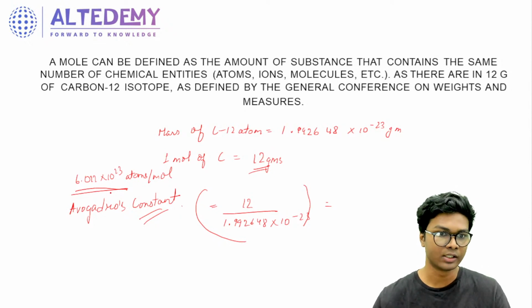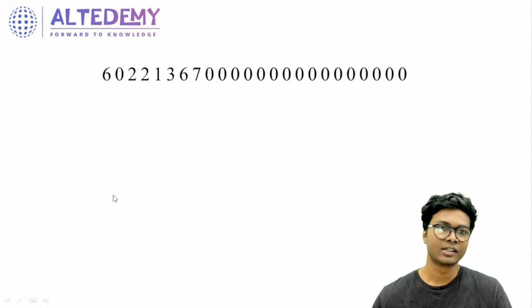So we have learned this is the Avogadro constant, and to get a perspective, we'll see how huge this number is.